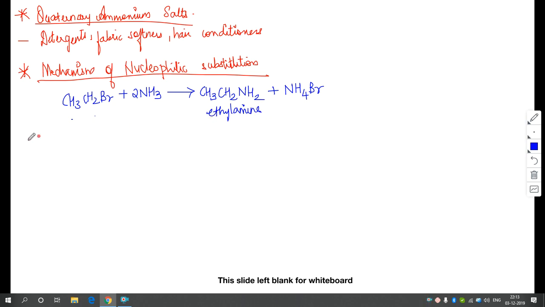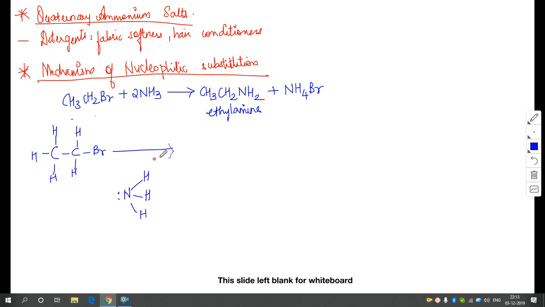Now we are going to see how the mechanism is happening over here. So we have CH3CH2Br. Now 2NH3. This I can put down here because this is a nucleophilic substitution, right? NH3.